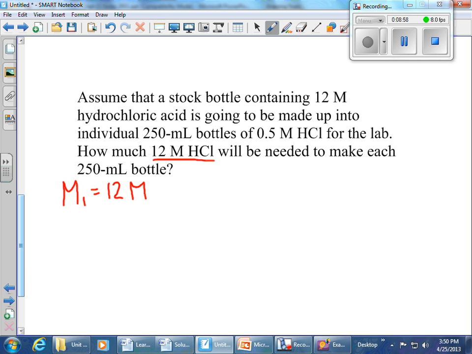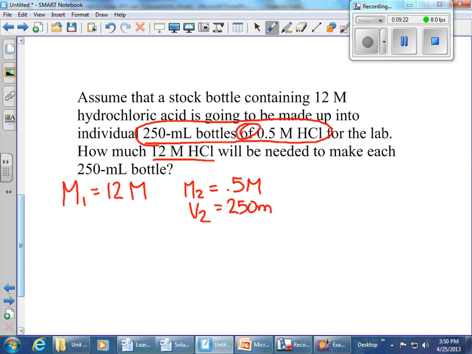I'm reading my problem. This is my second thing that I'm going to make, so my M2 is going to be 0.5 molar. Since it says "of" right here, these two must go together, so my V2 must be 250 milliliters.